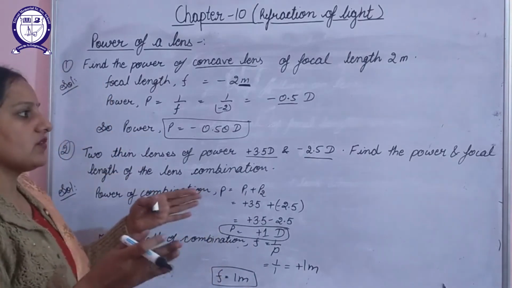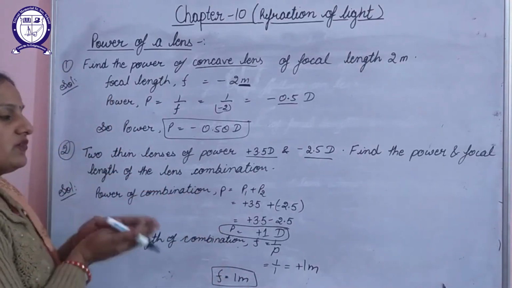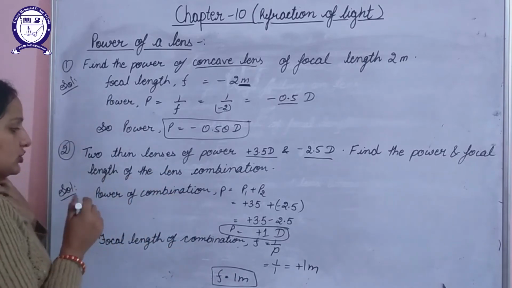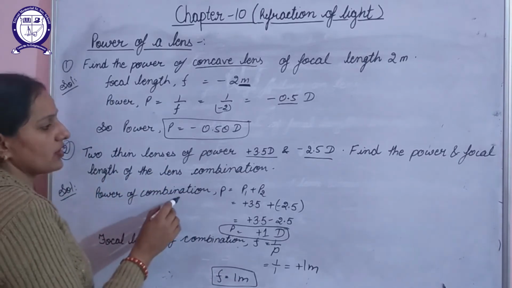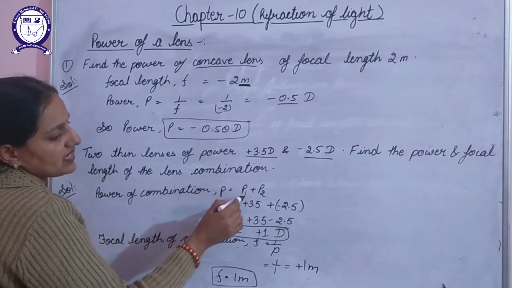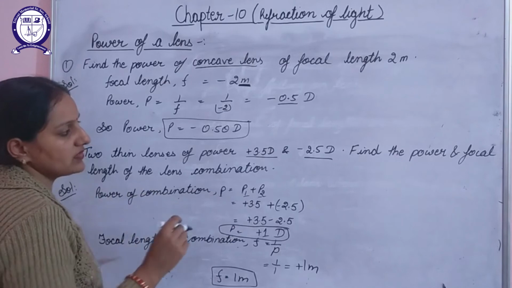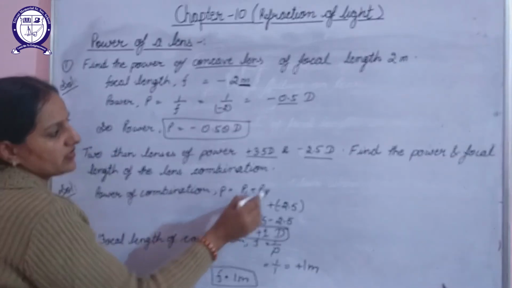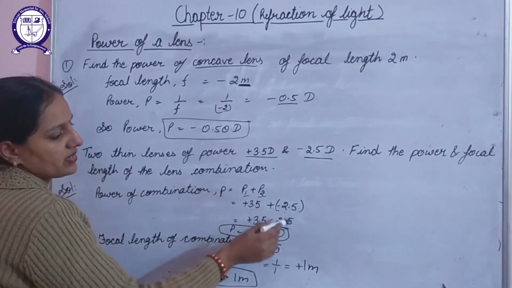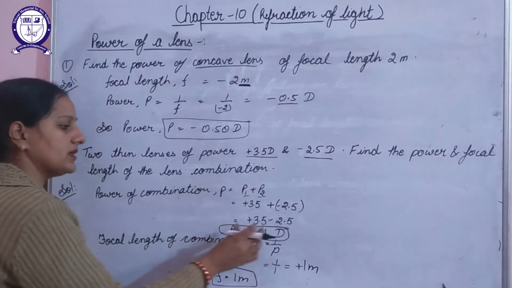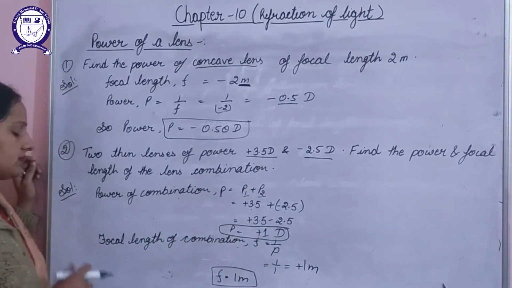We have combined these two lenses, so we have to find the power and the focal length of that lens combination. First of all, we'll calculate the power of the combination. That is given as P1 plus P2, the algebraic sum of the individual powers. This is 3.5 and this is -2.5. On adding, we get 1 diopter. So the power of the combination is 1 diopter.